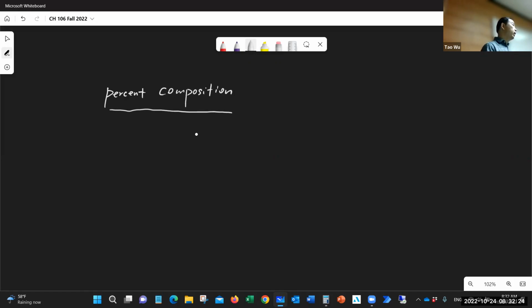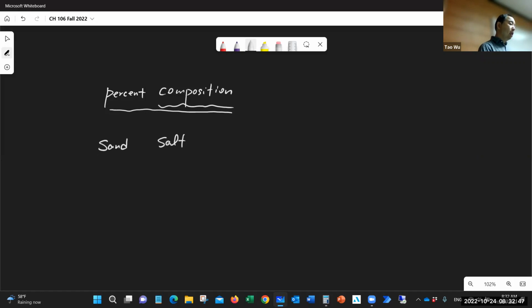It generally talks about the composition. So in the future, if you see composition, it generally talks about what is the percentage of these things in the whole. Remember last time we talked about we have sand for our lab and we have salt in the lab.